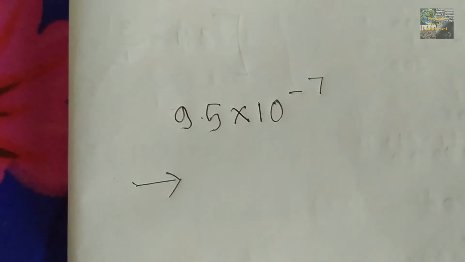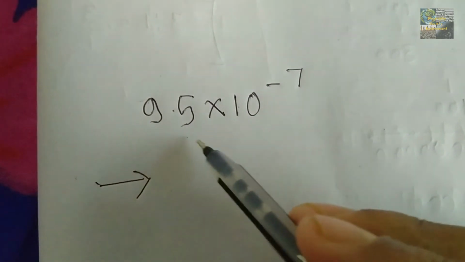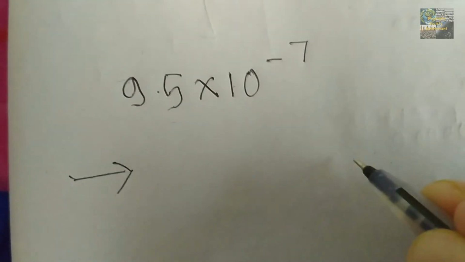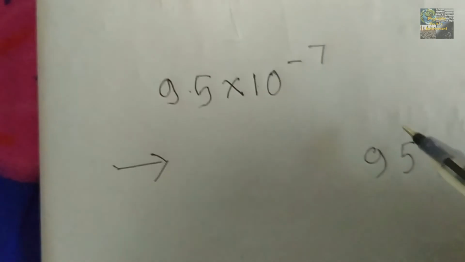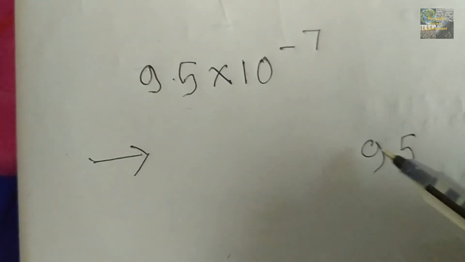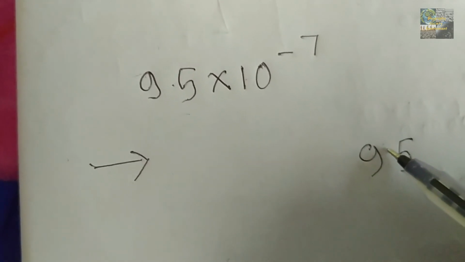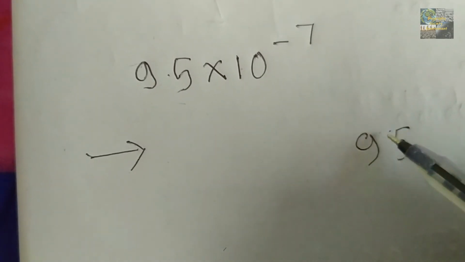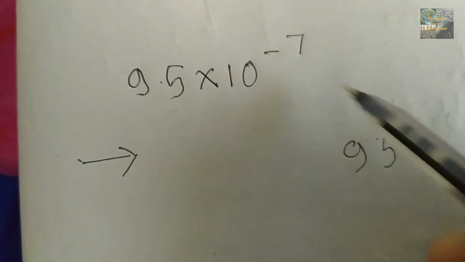For this purpose you can write 9.5, which is the mantissa, so I am writing 9.5 on the right hand side. Before the decimal value I have to write 7.